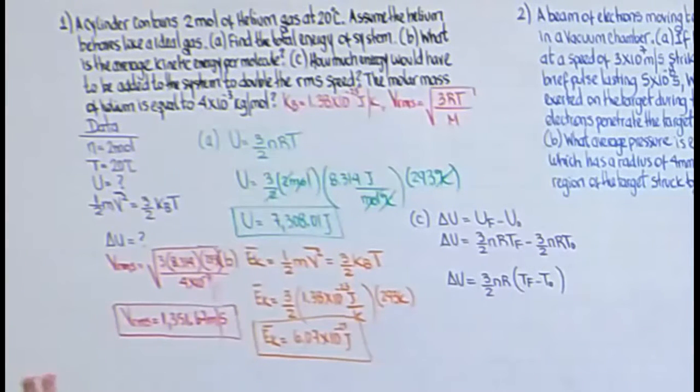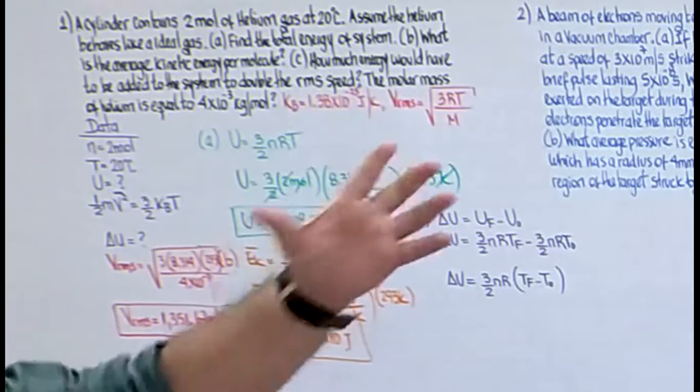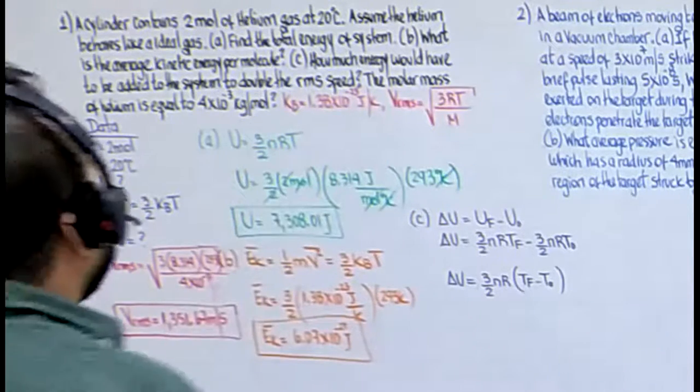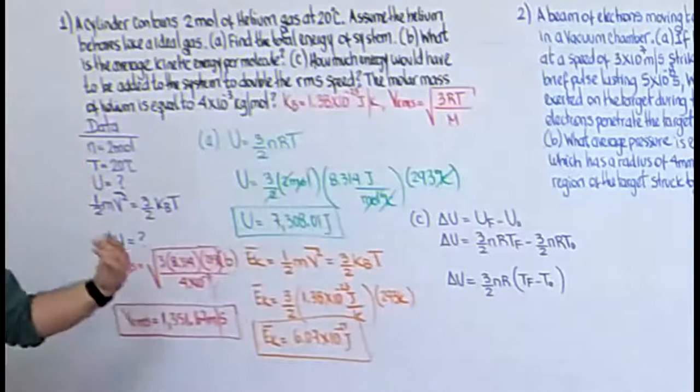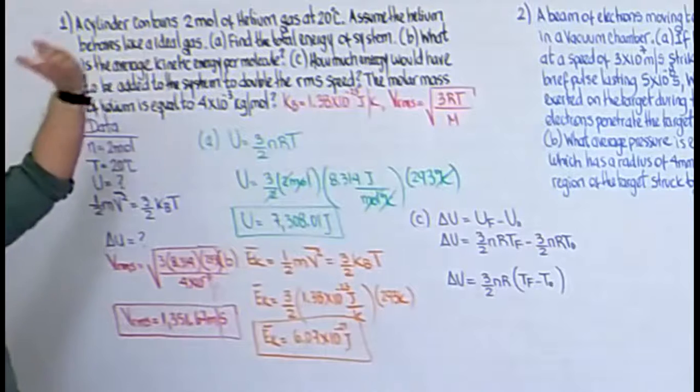And you're going to ask, why is it so important to know the root mean square speed in that situation? Simple, because the problem mentions we're going to double that speed. If I double that speed, I'm going to have another value of the temperature.